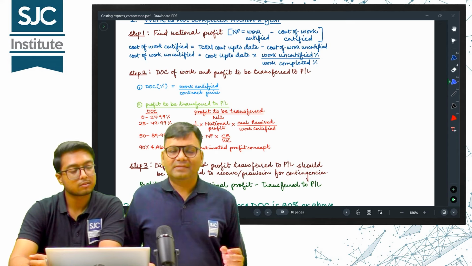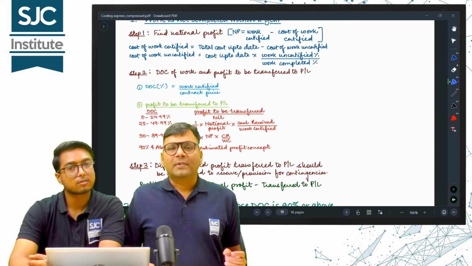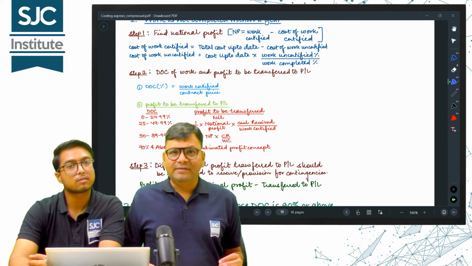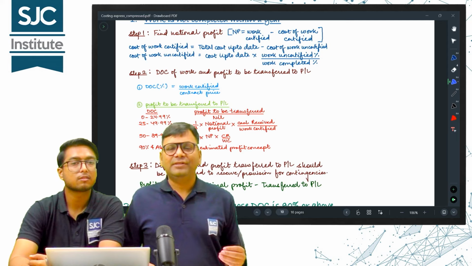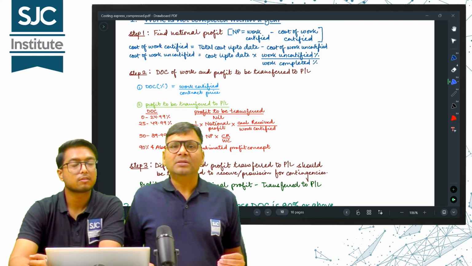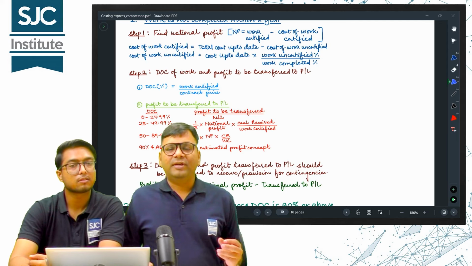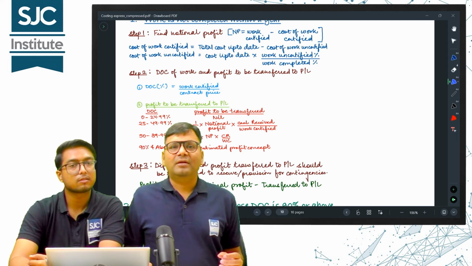The difference is called as retention. If work certified is 5 lakh and cash received is 4 lakh, that means 1 lakh is retention which has been kept by the contractee for security purpose such that contractor completes the work on time.